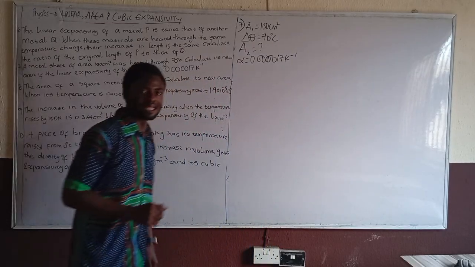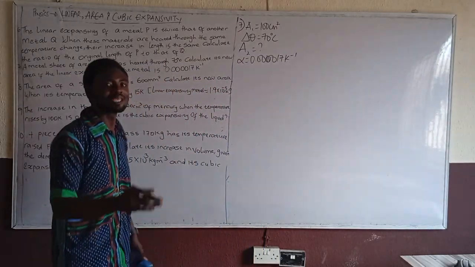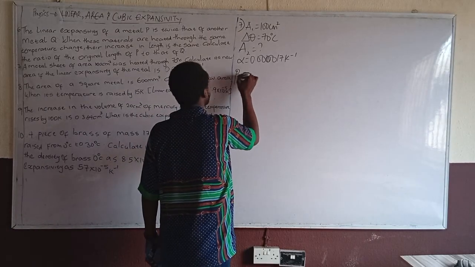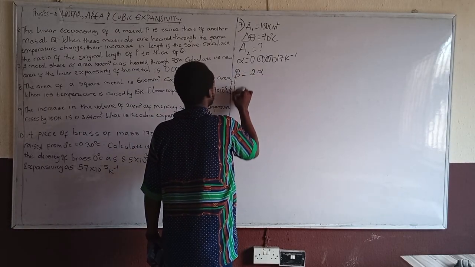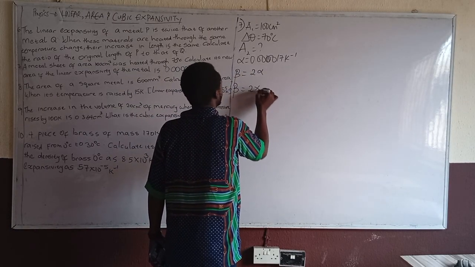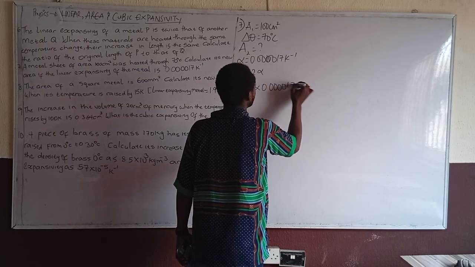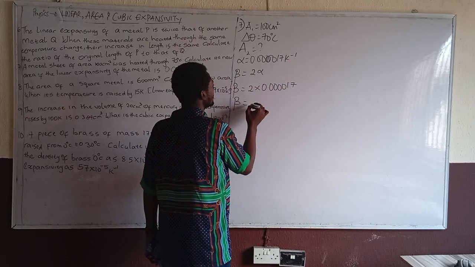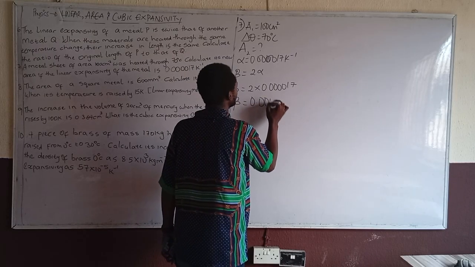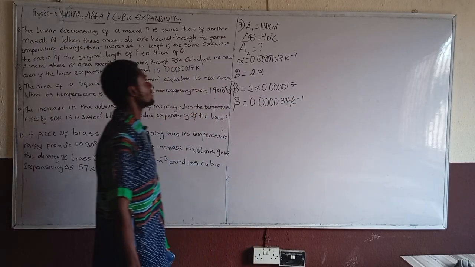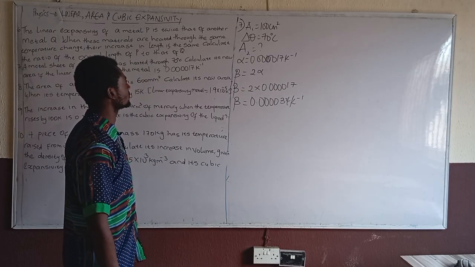Now, looking at this, the first thing is to get my area expansivity by saying beta equals 2 alpha. So beta is 2 times 0.000017. So my beta is 0.000034 per Kelvin.